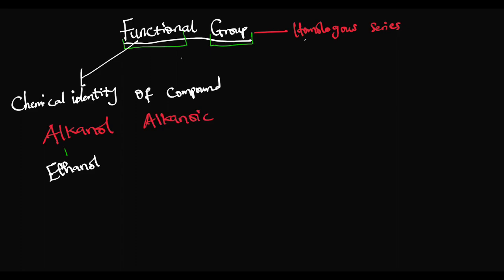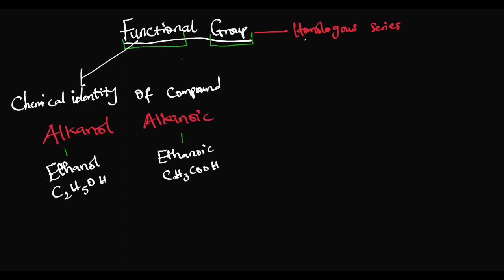So what's the first member of alkanoic acid? Ethanoic acid, exactly. So let's draw the structure, or probably its chemical formula. So this is C2H5OH, and this is CH3COOH. Do you get that?